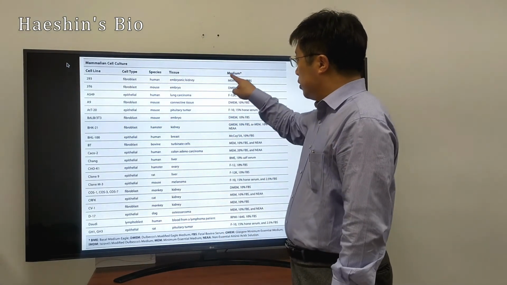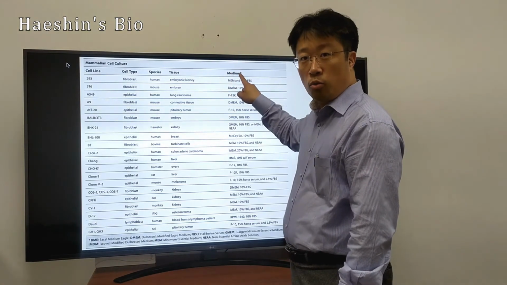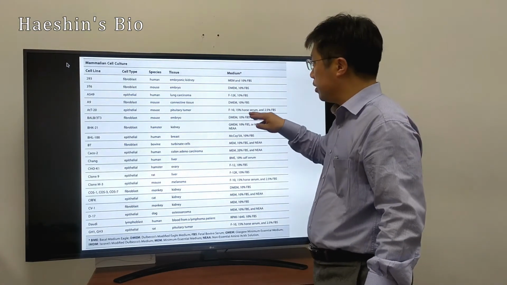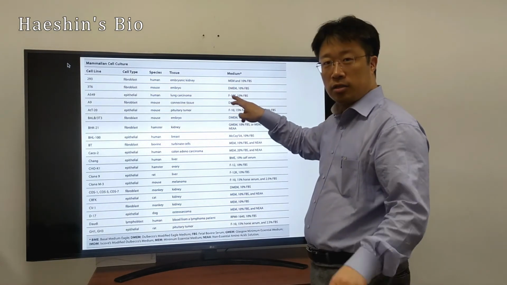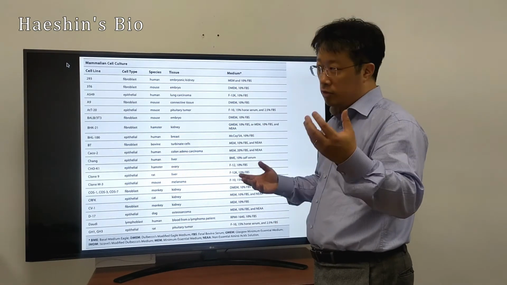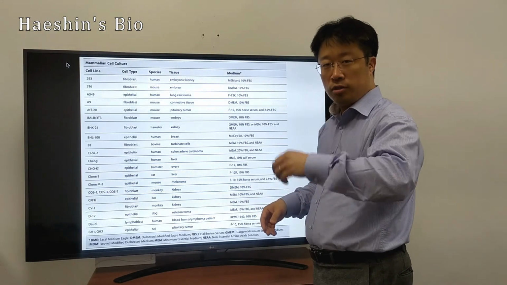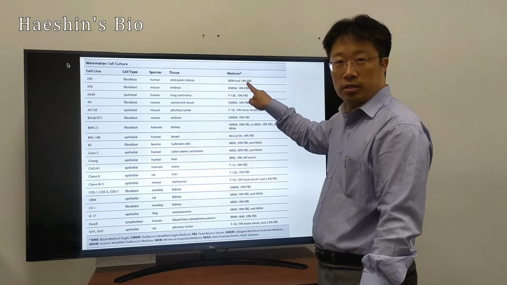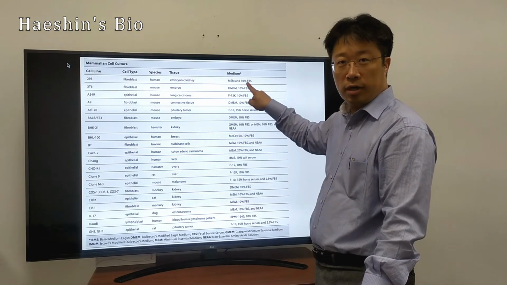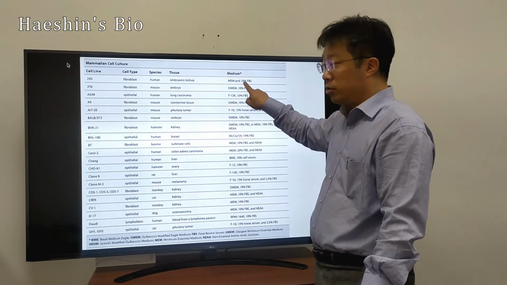The important thing is the media where they grow. MEM, DMEM, F12K are compositions of, for example, buffer, vitamins, pH, and glucose, plus FBS, as I explained, fetal bovine serum, say 10% by volume.